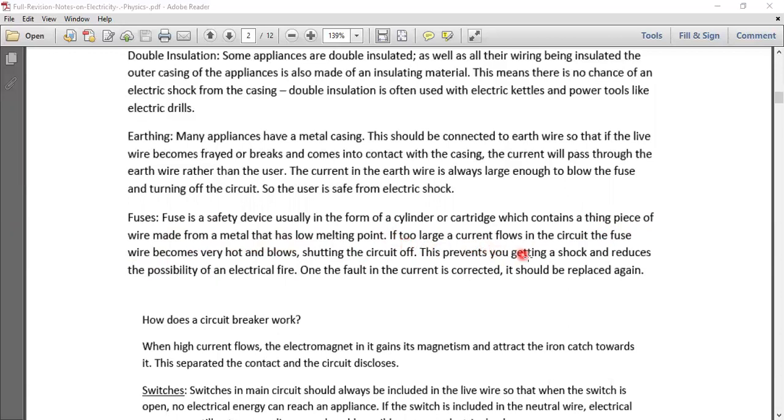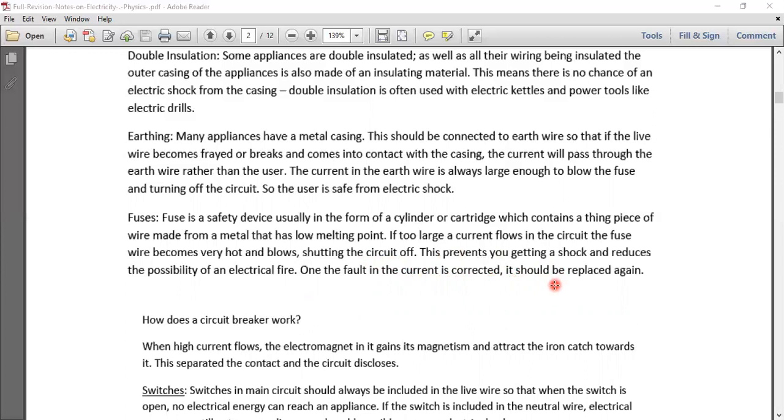If too large a current flows through the circuit, the fuse becomes very hot and blows, shutting the circuit off. This prevents you getting a shock and reduces the possibility of electrical fire. Once the fault in the current is corrected, the fuse should be replaced.